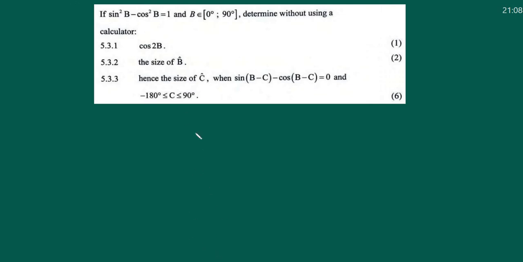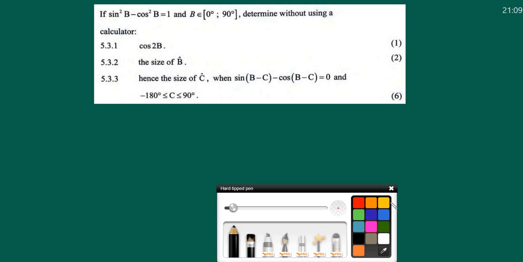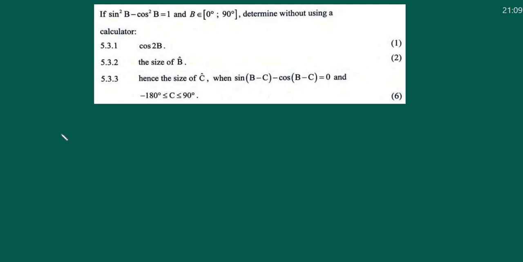This is what you were given there, and then after that you were given this as your restriction. Then they said determine what? Cos 2 beta, right? Quite interesting, quite interesting. So now how do we do it, right?